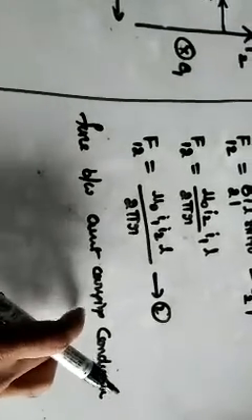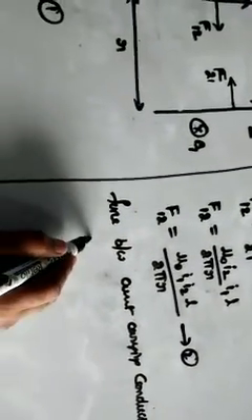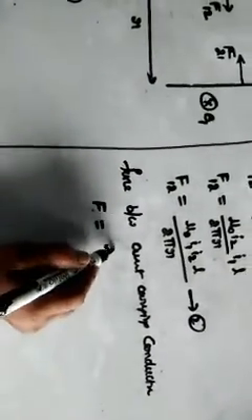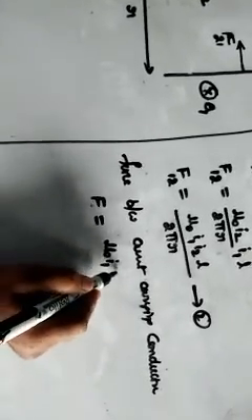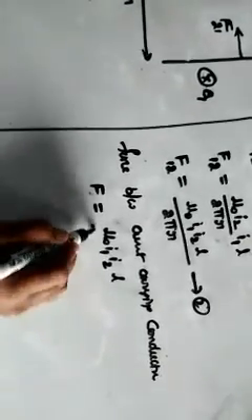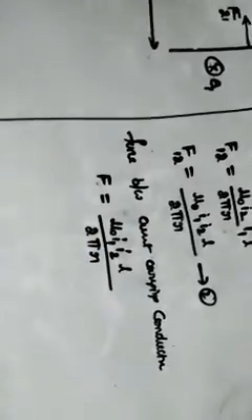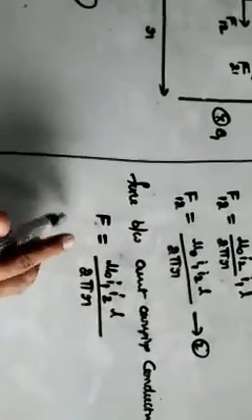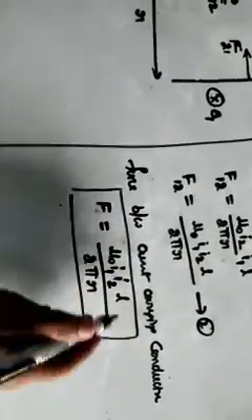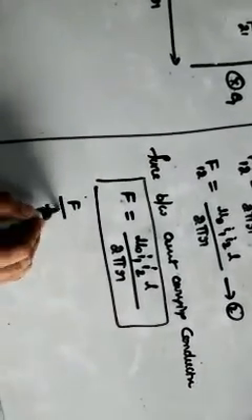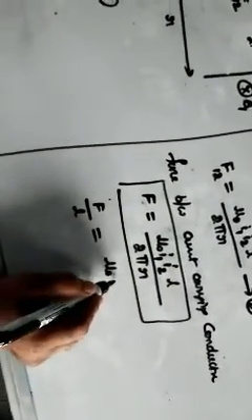So from equations 1 and 2, the force between the current carrying conductors is F is equal to mu 0 I1 I2 L by 2 pi r. This is the formula. You can bring L over like this: F by L is equal to mu 0 I1 I2 by 2 pi r.